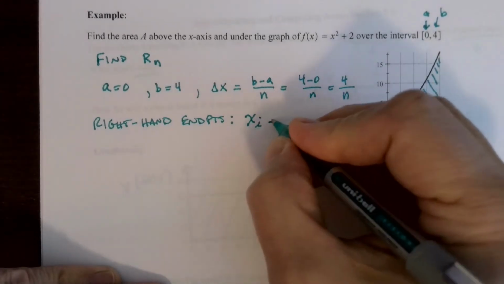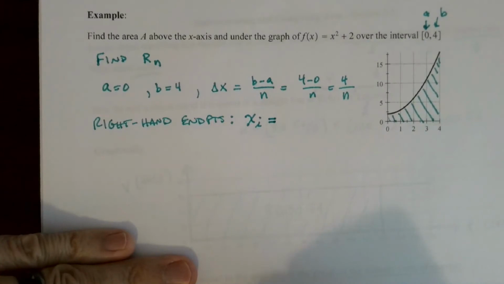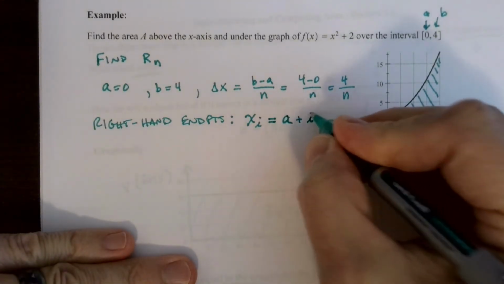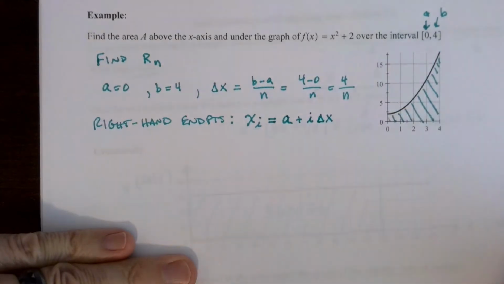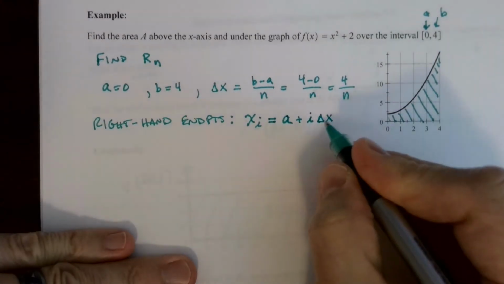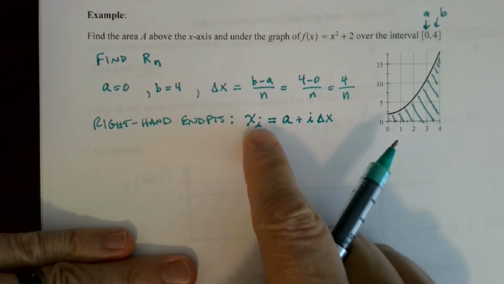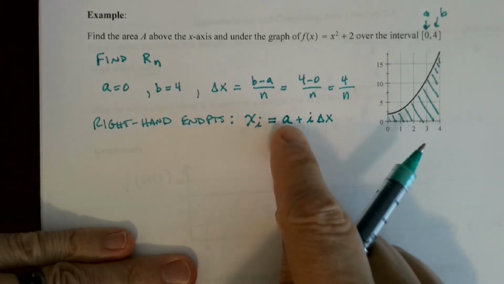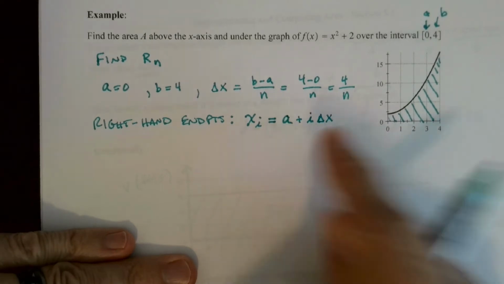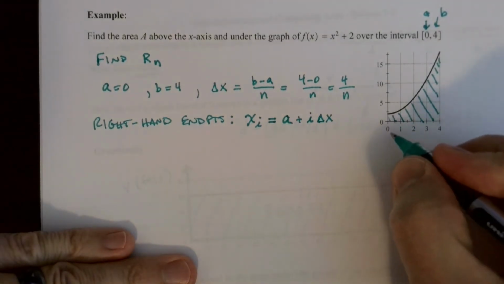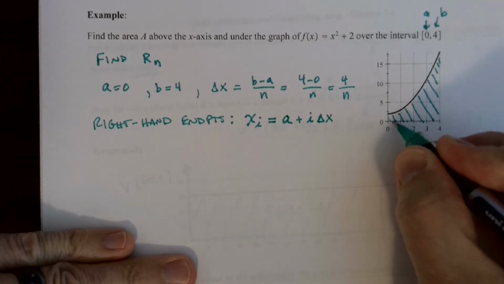Well, here's the way that you can write out the ith one. It's going to be whatever a is plus i times that delta x, which is the width of the subinterval. So when i is 1, I get a, which is 0, plus delta x. So I just move over delta x, and I get to the right-hand endpoint, that's x sub 1.